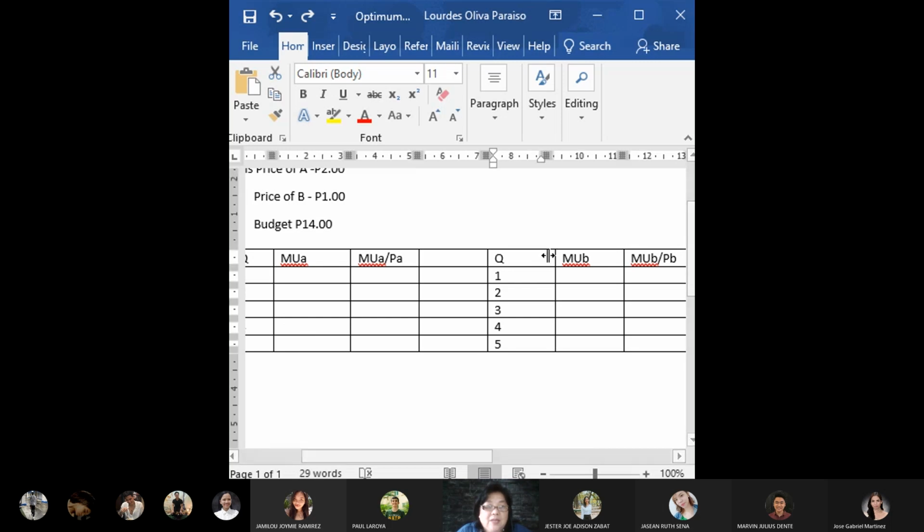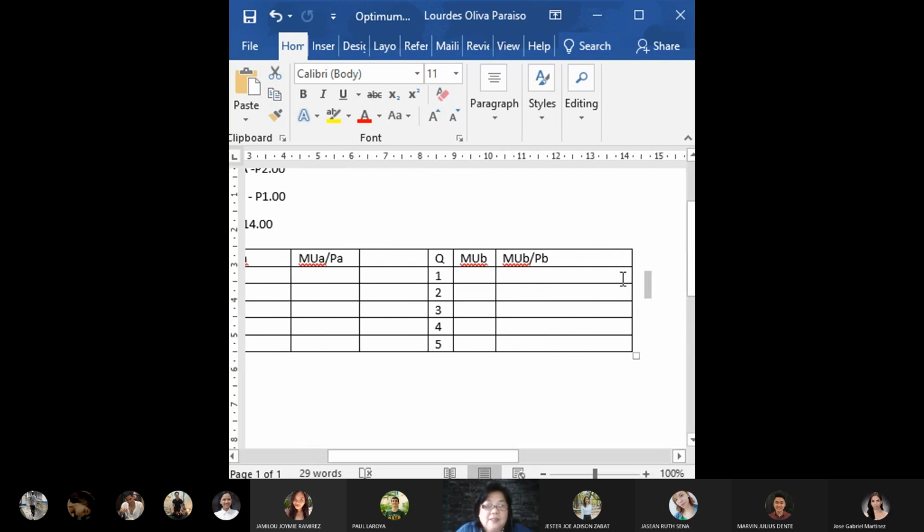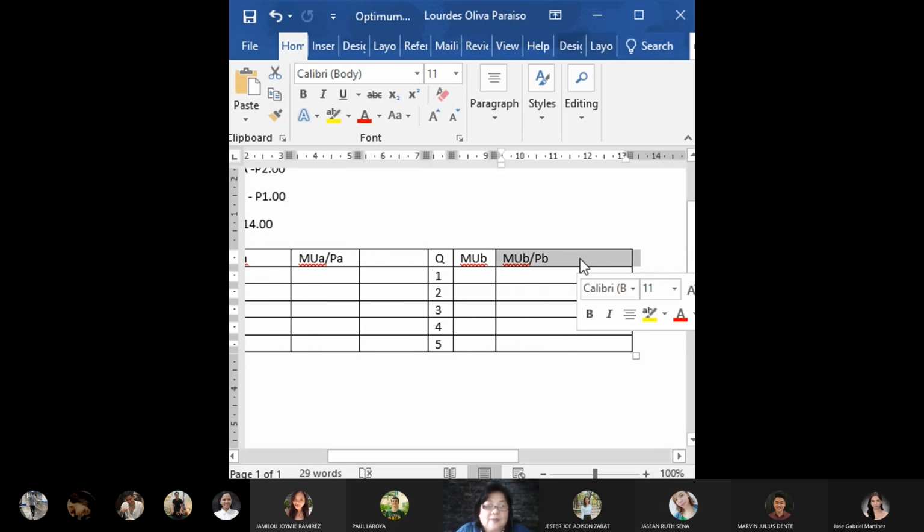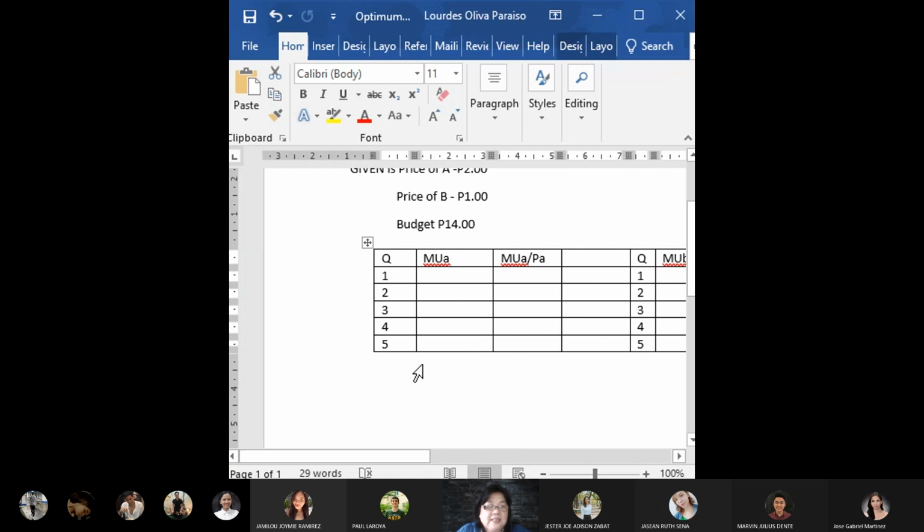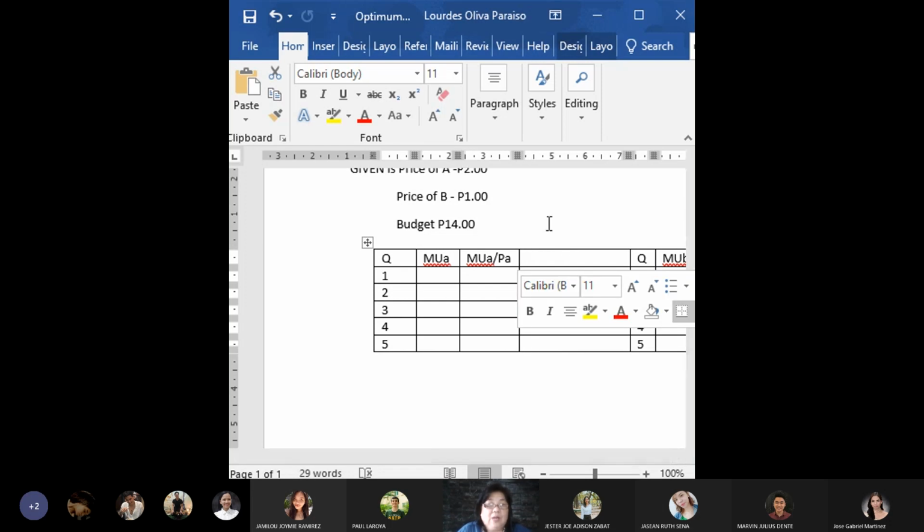I'll enlarge it a little so you can view it. I have two tables here. Okay, what is this? This is the marginal utility table of A, and this is the marginal utility table of B. So leave this space blank.